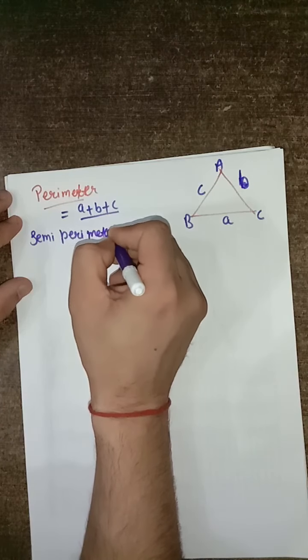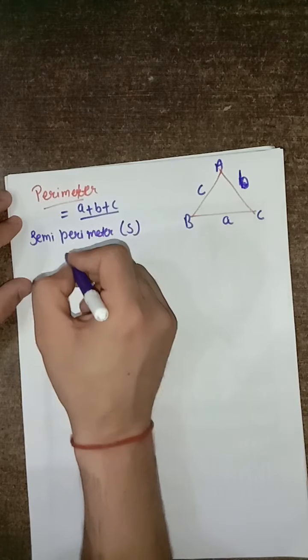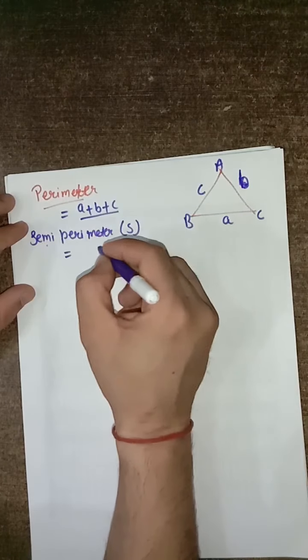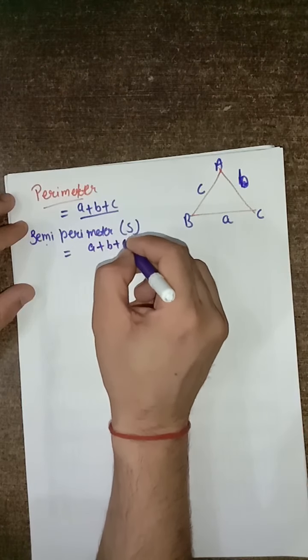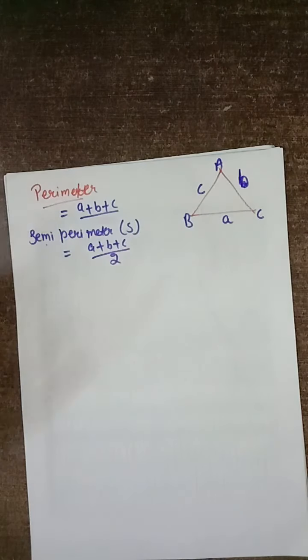Now what will be the semi-perimeter? Semi-perimeter is denoted by S. Semi means half, so half of the perimeter will be A plus B plus C divided by 2.